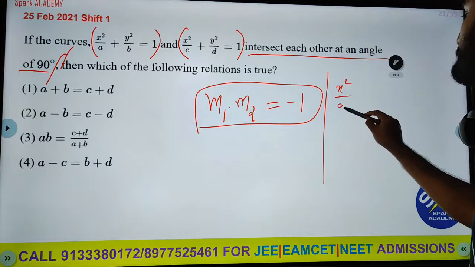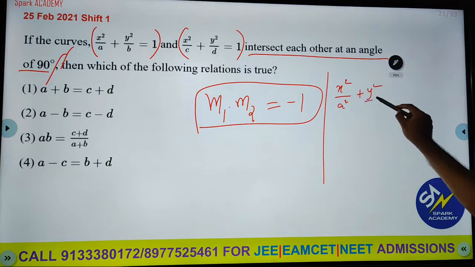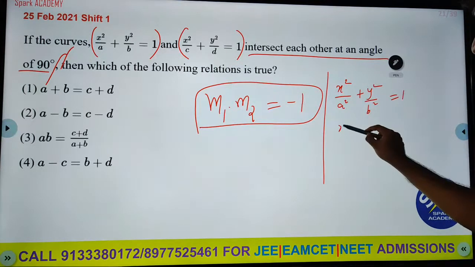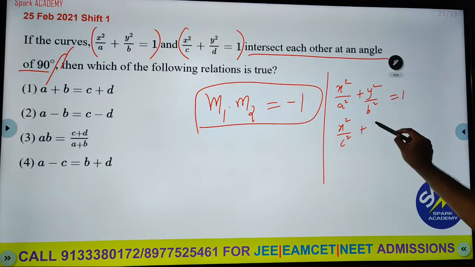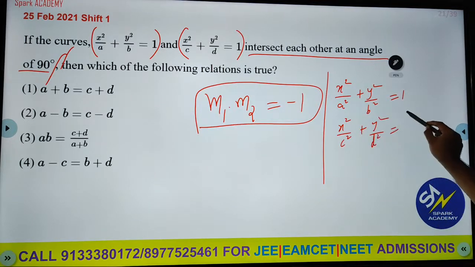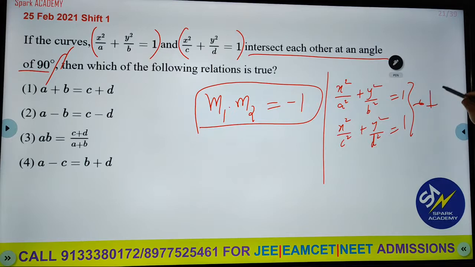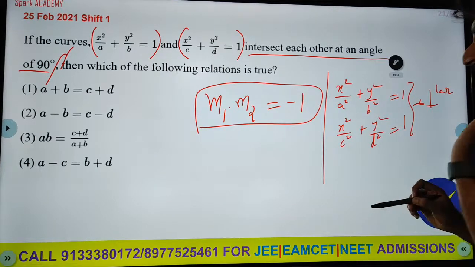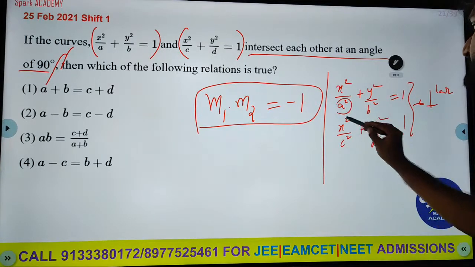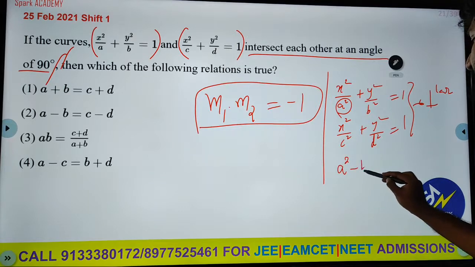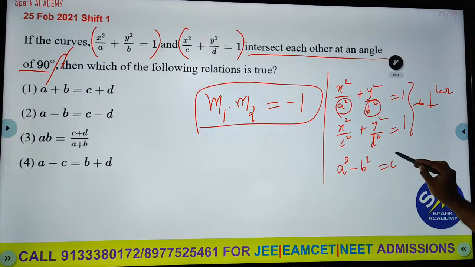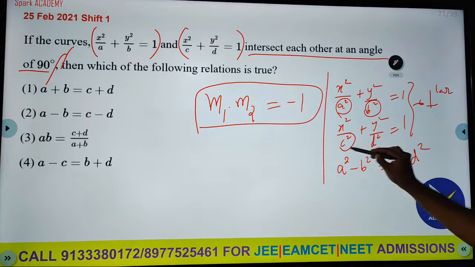If you have x square by a square plus y square by b square equal to 1 and x square by c square plus y square by d square equal to 1, and both of them are perpendicular, the condition is simply a square minus b square equal to c square minus d square.